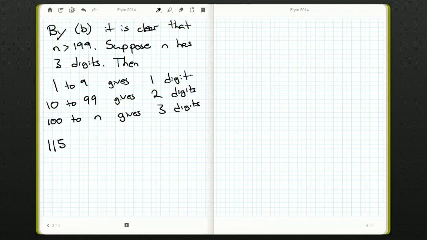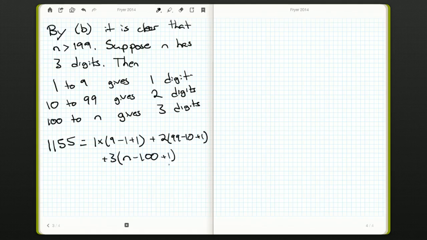Now, we know that 1155 is the total number of digits. So we know that that is 1 times (99 minus 1 plus 1), plus 2 times (99 minus 10 plus 1). Now we do n minus 100 plus 1, times 3.